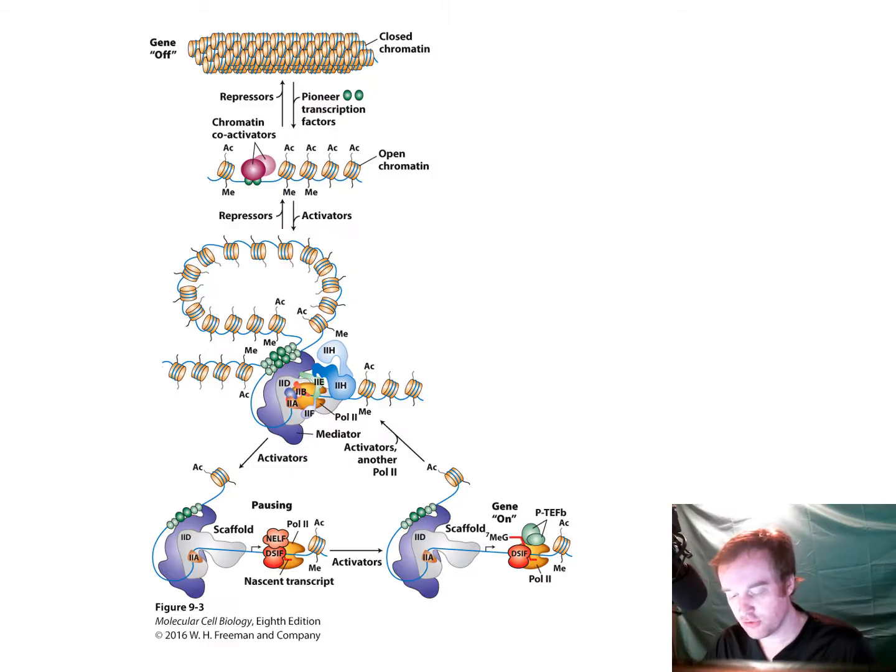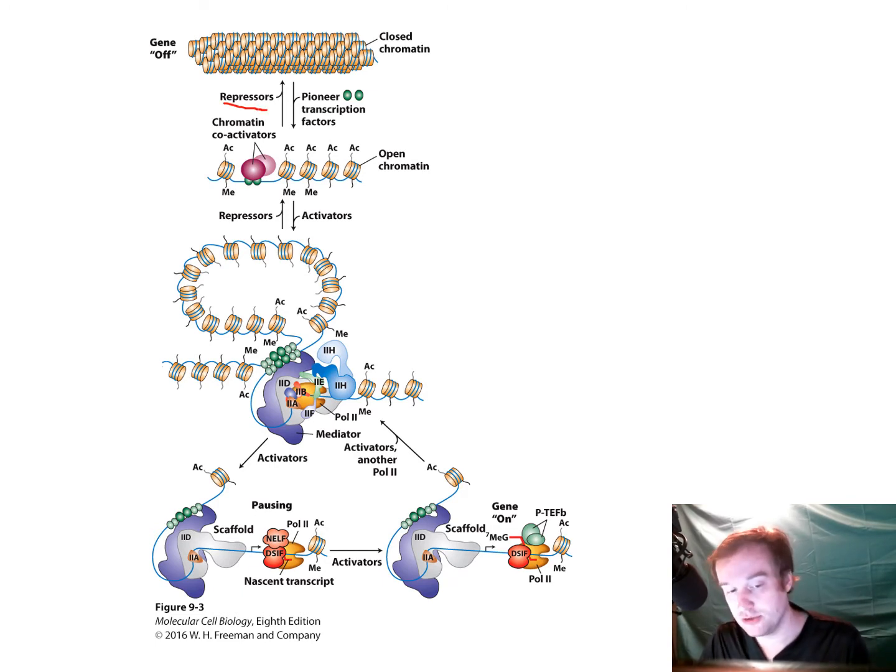So let's look at an overview of eukaryotic transcription control. The condensing of chromatin prevents things like RNA polymerase and general transcription factors from being able to access a gene, and therefore that gene can't be expressed and turned into a protein. And so repressor proteins have a role in this.